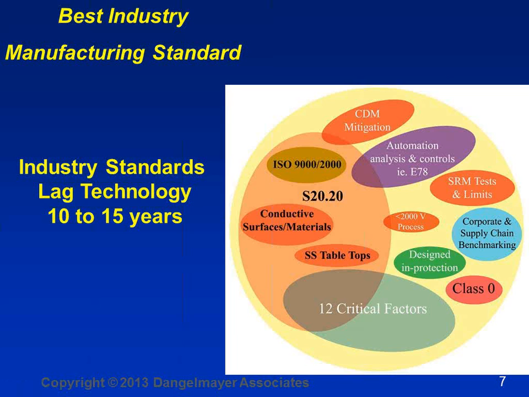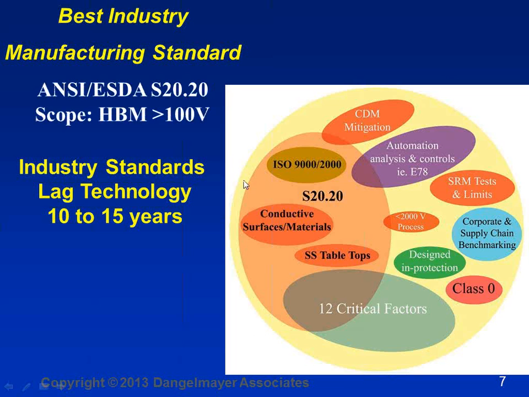Even S20.20 will be updated this year, and there will be a new issue coming out that will still be at least 10 years behind the times, 10 to 15. And there are good reasons for it. It takes time, and if you make changes too swiftly, it can be very disruptive.